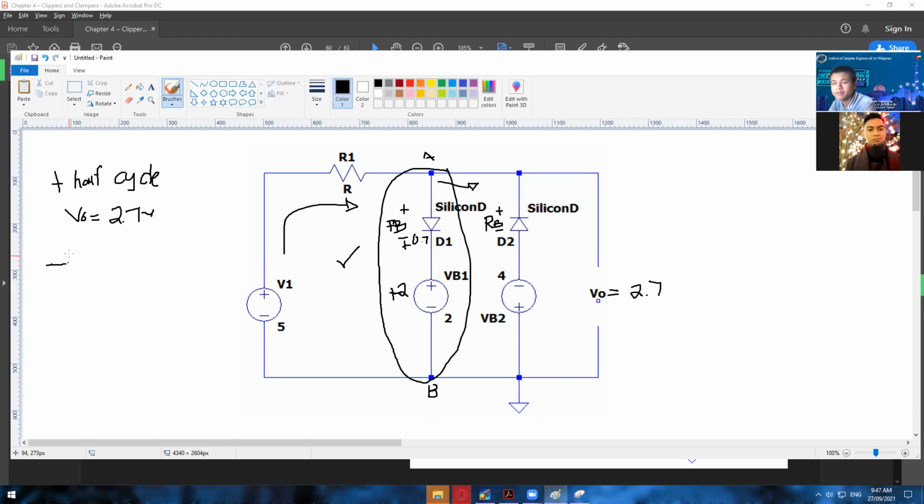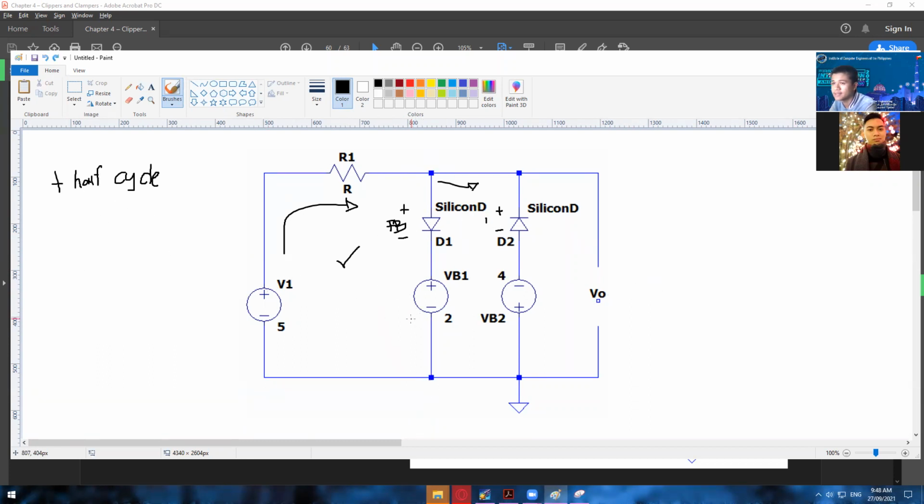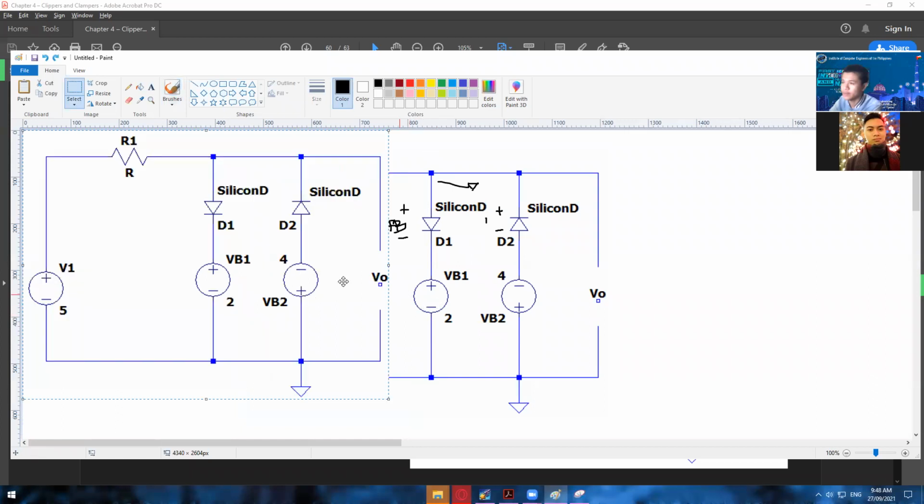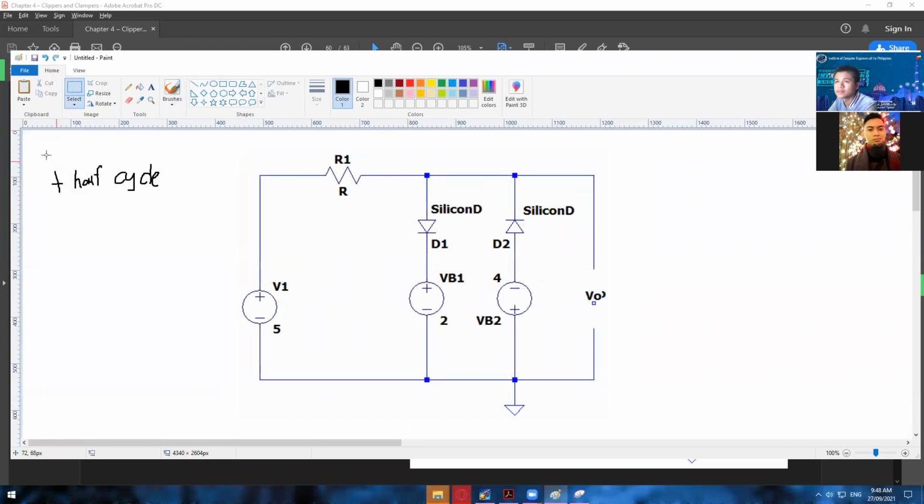And then during the negative half cycle, so just change this one. Anyway, on the positive half cycle, we have 2.7 as our VO. For the negative half cycle, just change this one into negative and this one into positive.